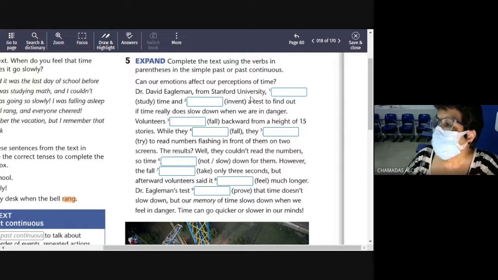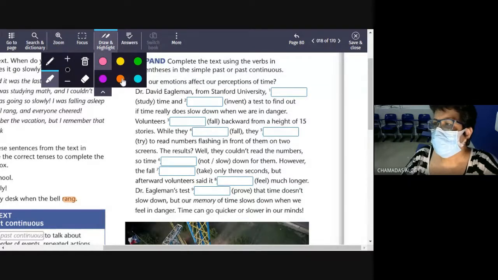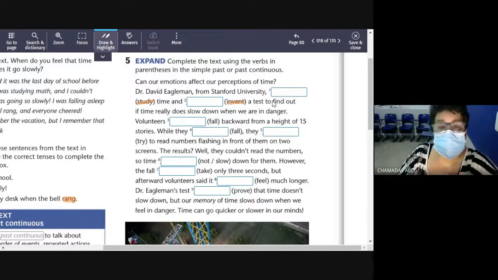Yes, we are supposed to complete the sentence here using the verbs in parentheses, either in the simple past or past continuous. So here we should use the verb study, excuse me, in the simple past or past continuous.